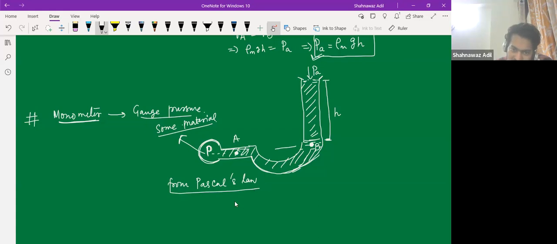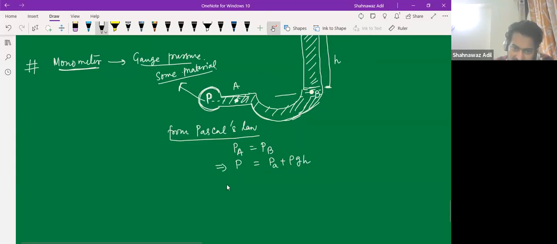So from Pascal's law, we know that PA is PB, and we know that PA is how much? This is P, and PB is how much? PB is PA plus rho gh, right? So then we can calculate P minus PA equals rho gh.